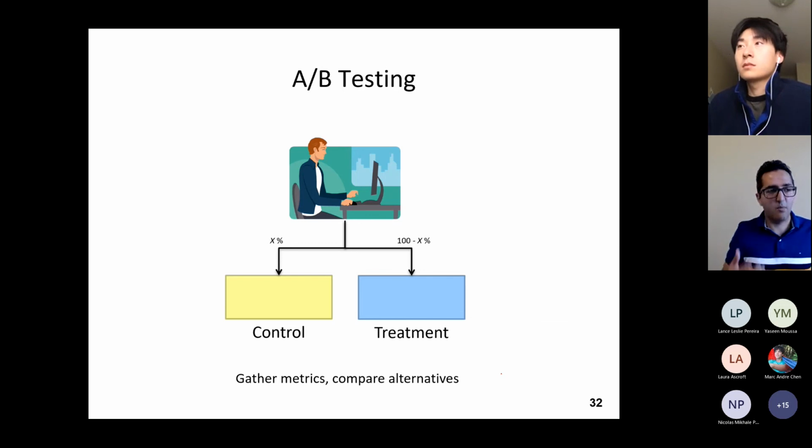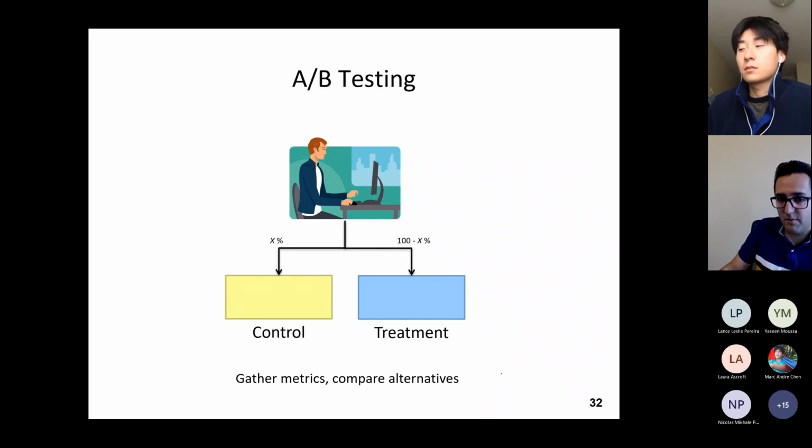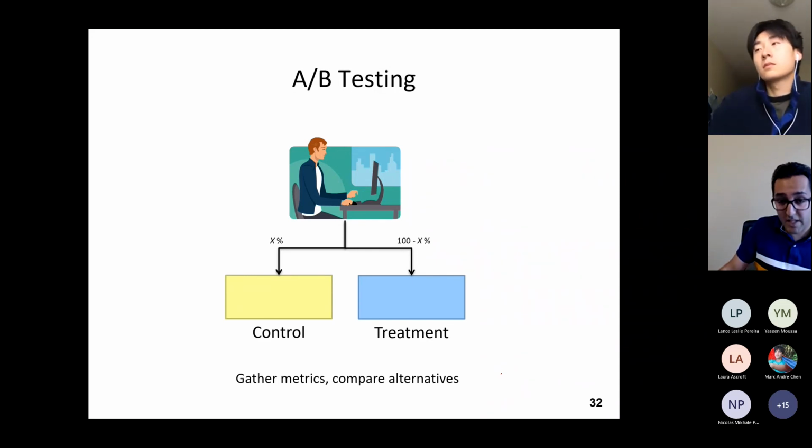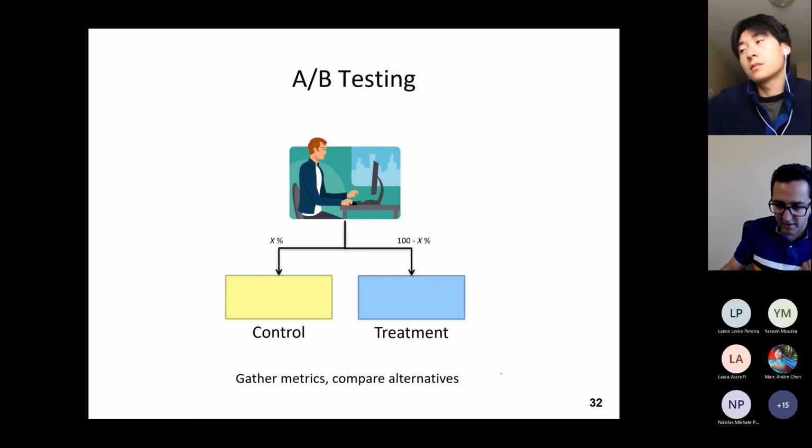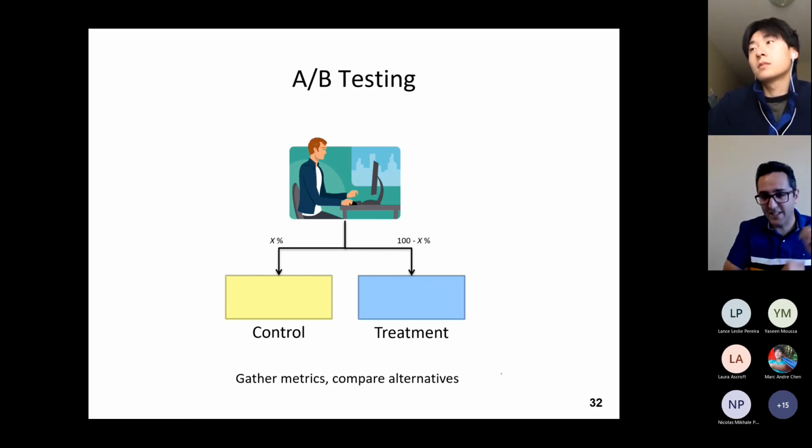Because if I just deploy a new recommender right now, and I conclude that sales went up significantly during the month of November because of my better recommender system, that's probably wrong. It's because of the holiday season, right? That's why we need a control group.